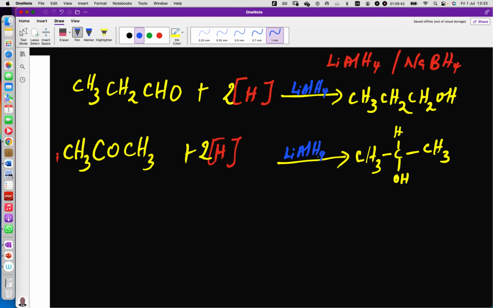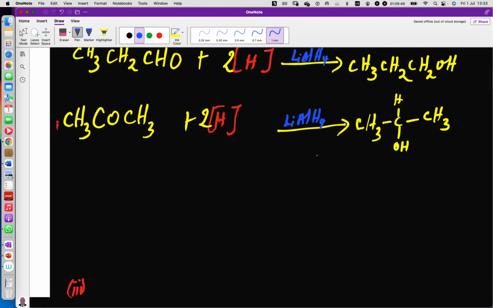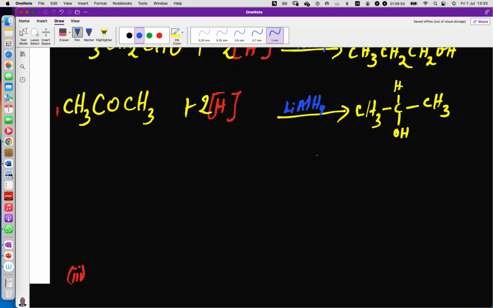tetrahydroaluminate. Now again, carboxylic acid. We can still reduce carboxylic acid. For example, ethanoic acid that we got the other time can be reduced back to the primary alcohol. And this is how we can do it.